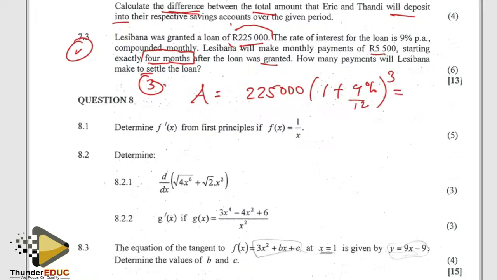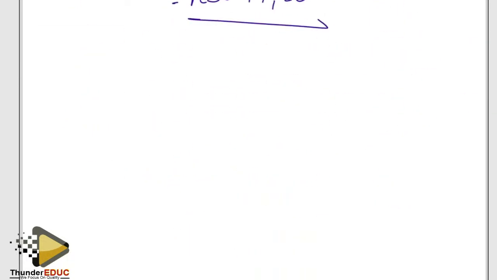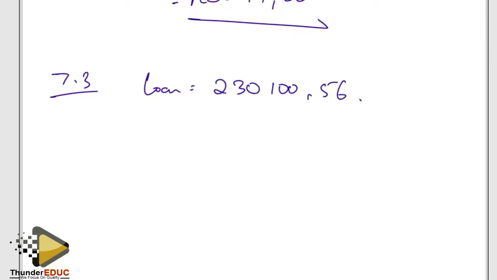So when I do that, I end up with the new loan amount, which is 230,100,56. Okay, so let me go down here and say this is my 7.3. So the loan is 230,100,56.